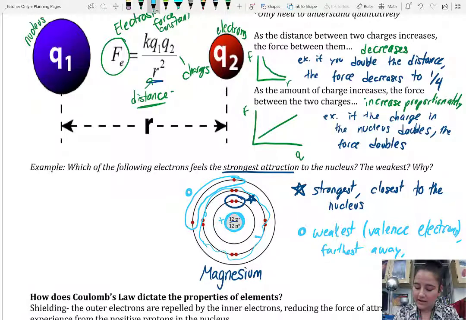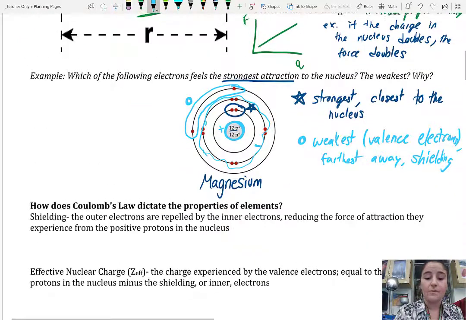That is called shielding. What shielding is basically that the outer electrons are repelled by those inner electrons. They're negative, the inner electrons are negative, they repel each other, and that decreases the force of attraction they experience from the positive protons in the nucleus.